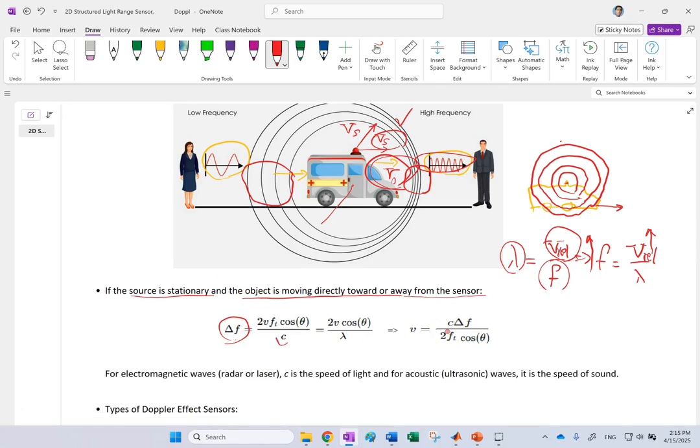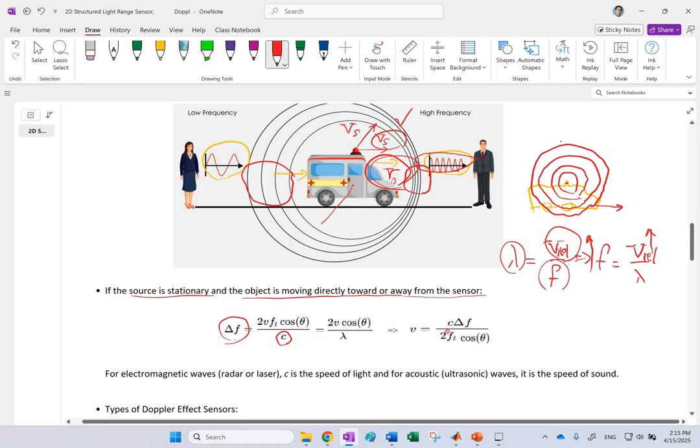Now this c is the speed of the wave. If your Doppler effect sensor is using an electromagnetic wave like radar or laser, c is going to be the speed of light. But if they are using acoustic waves like this, ultrasonic waves most of the time, then that c is going to be the speed of sound.